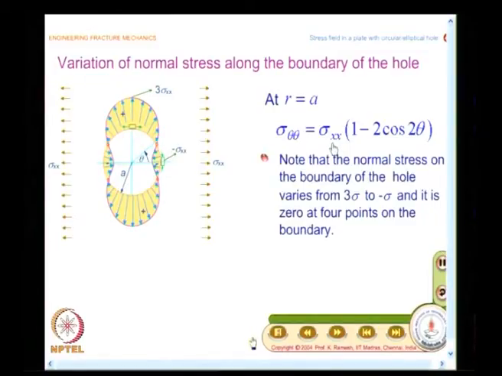See, this is what I had said, when you have a geometric discontinuity, it definitely produces stress concentration. The other observation is a uniaxial stress field changes to biaxial stress field near the vicinity of the geometric discontinuity. And when you really investigate the stress field, you also have surprises.